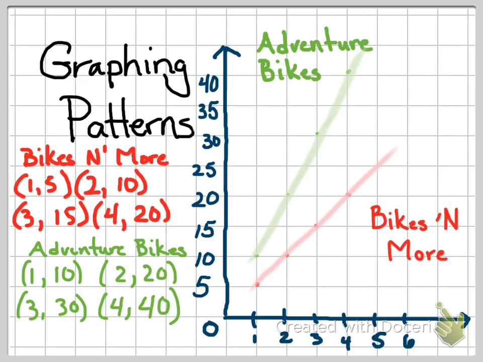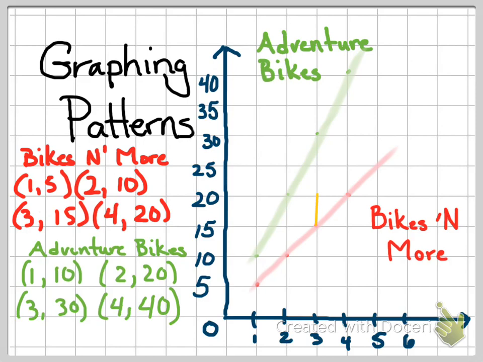So if I were to look at this graph and ask, what's the difference in price between Bikes and More and Adventure Bikes? If I ride a bike for 3 hours, then I can look here at my graph and find Bikes and More at 3 hours, and then I know that each increment is $5.